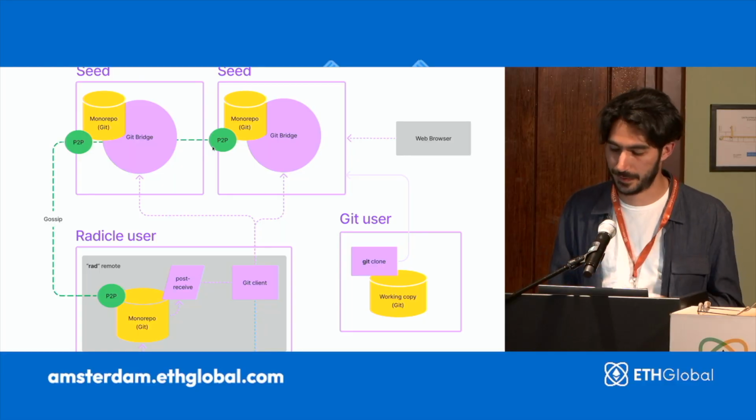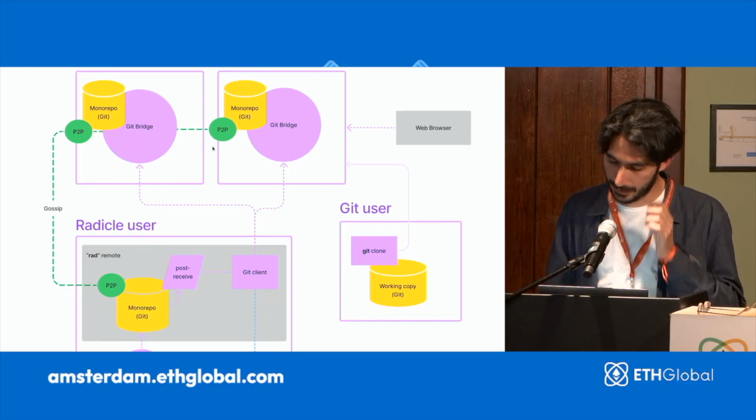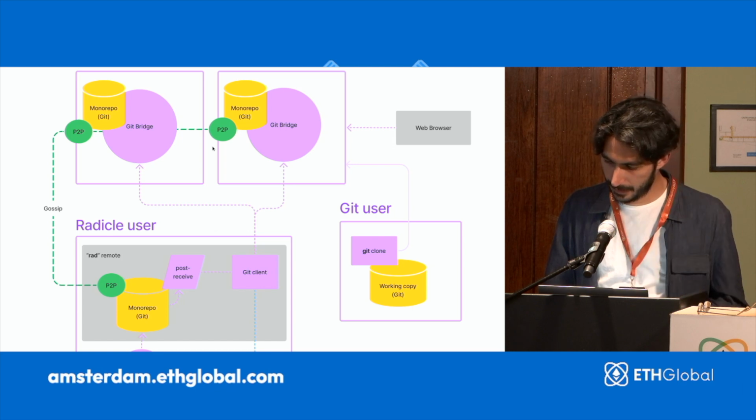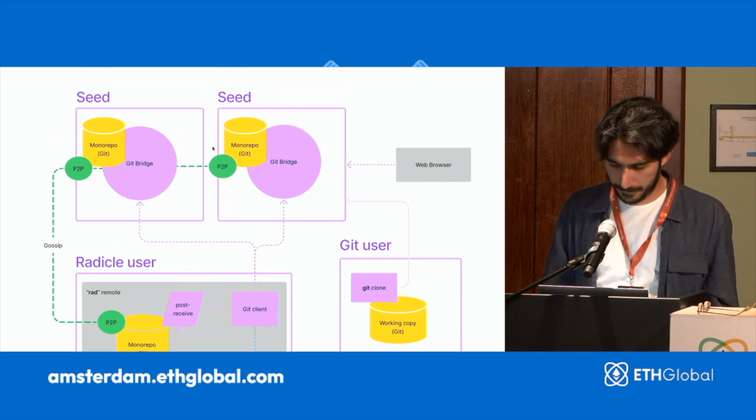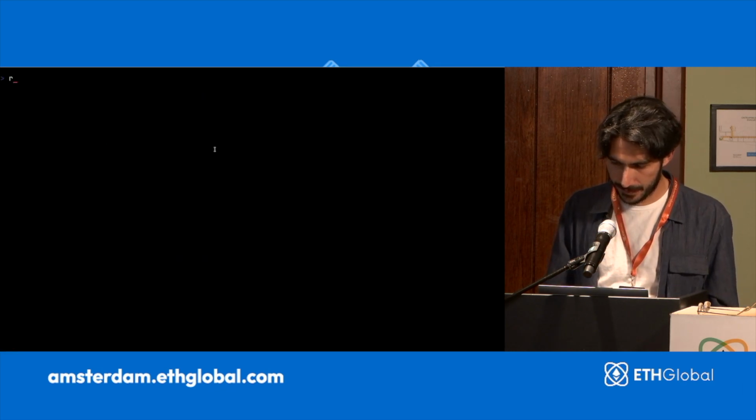And then, as long as your daemon on your computer is running, or whenever you activate Radicle, it'll synchronize with the peers it knows about and copy all of the refs and objects that you're interested in. Yeah, that's pretty much it.